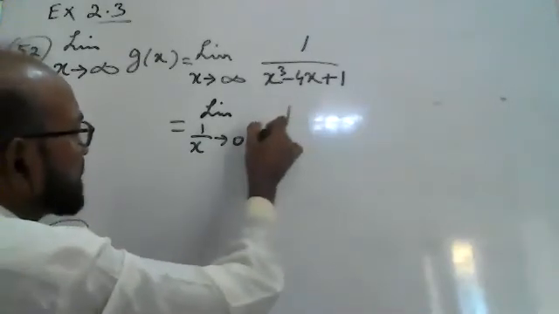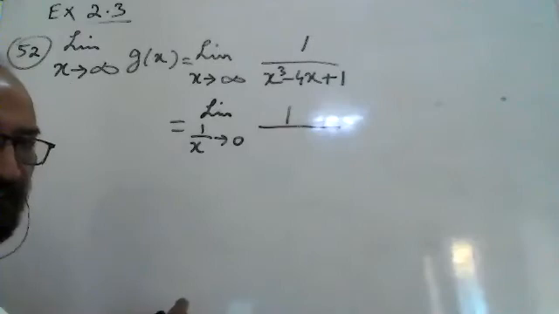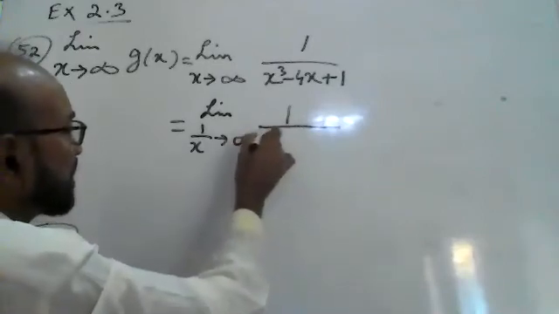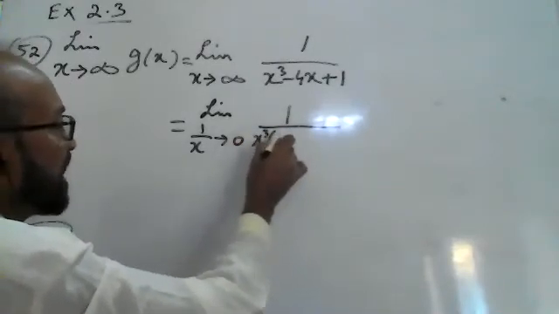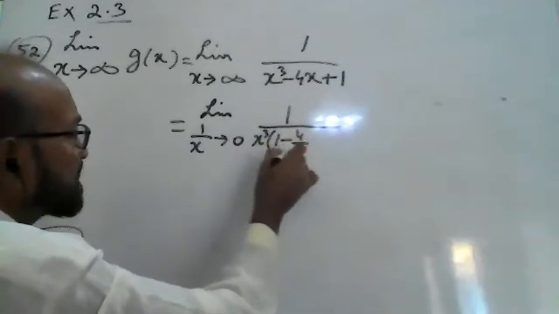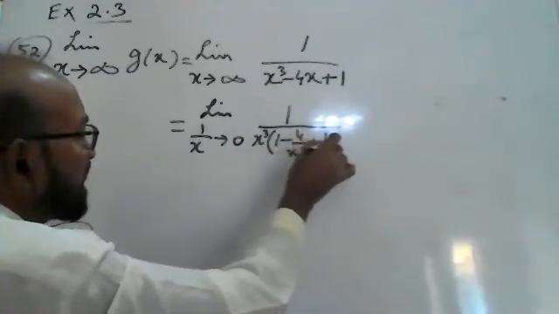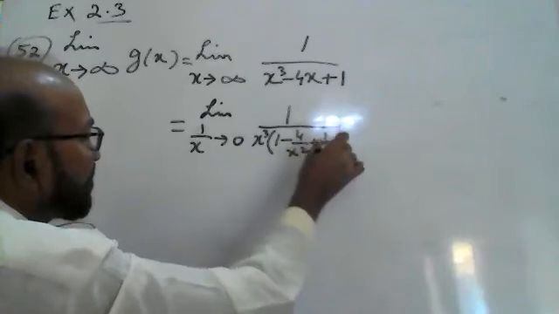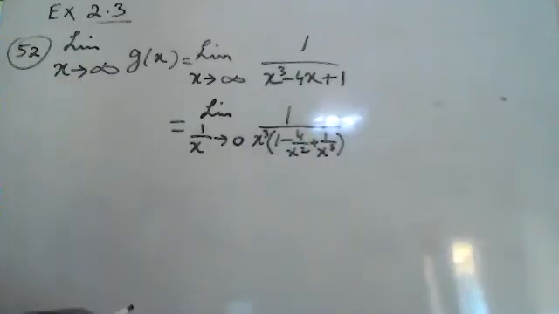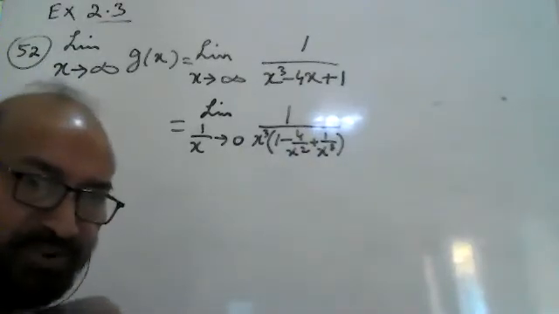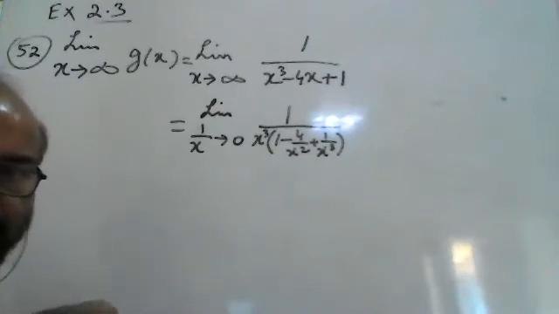There is nothing common in the 1, here x cube is common. Inside will be 1 minus 4 over x square plus 1 over x cube.